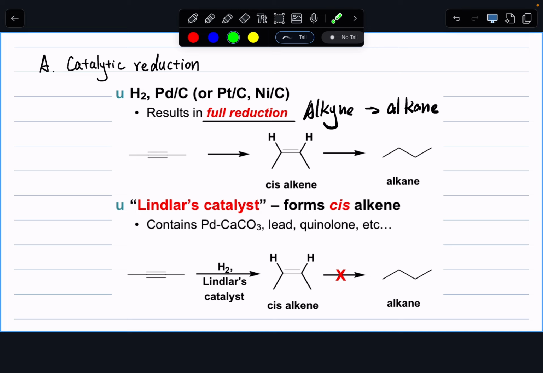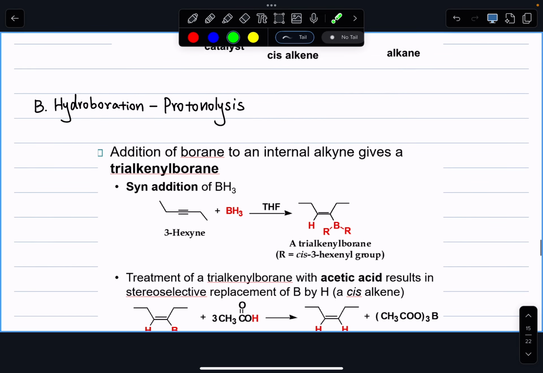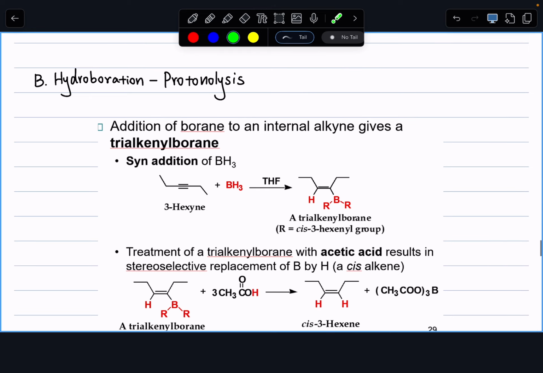All right. The other way to reduce my alkyne is called the hydroboration protonolysis. So this is like a follow-up of the hydroboration reaction. We went over the hydroboration reaction, right? So you can add a boron reagent to an internal alkyne to give a trialkenylborane. And if we're using BH3 as a reactant, we're adding the BH3 onto the alkyne to form this alkenylborane.